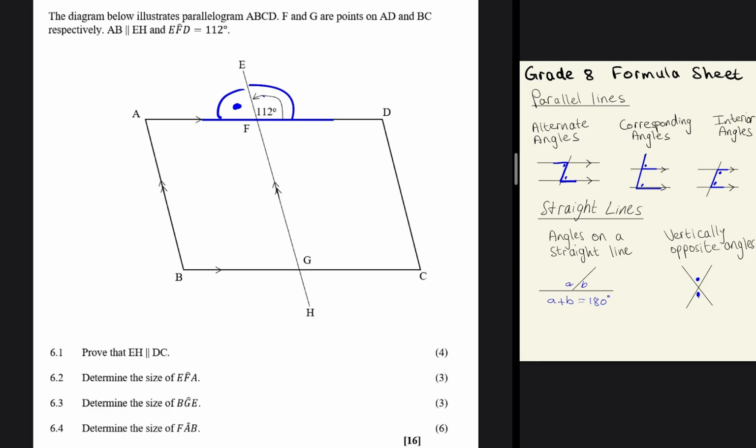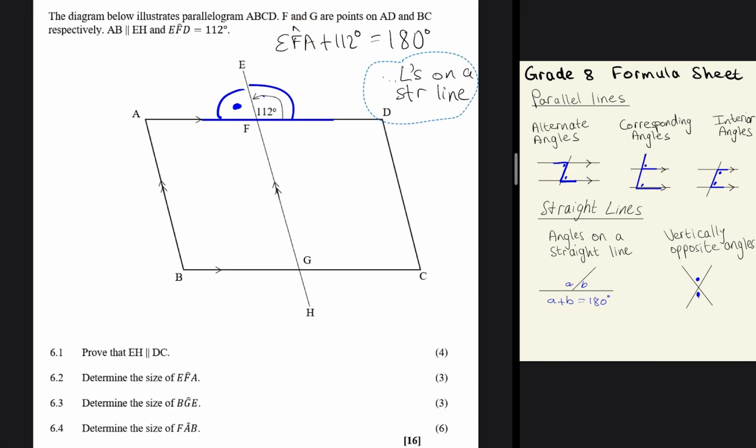And now you can use the formula and write down: angle EFA plus 112 degrees equals 180 degrees. The reason will be angles on a straight line, and always write down your reasons. You can just write "straight line", because if you write the reason, you'll get extra marks for that. Alright, now we want EFA to stand alone.